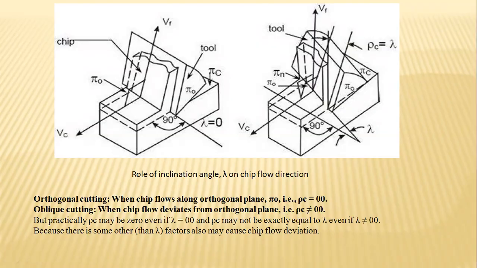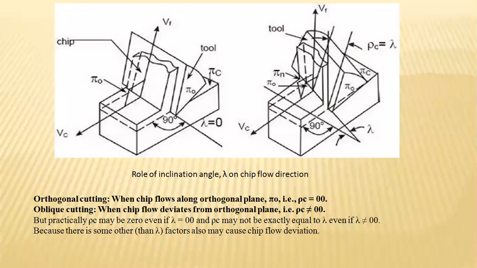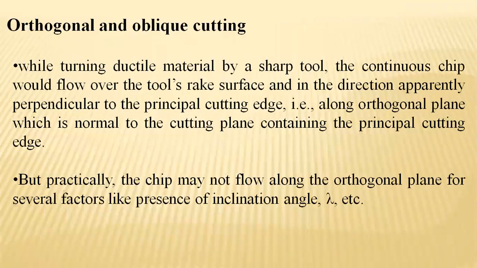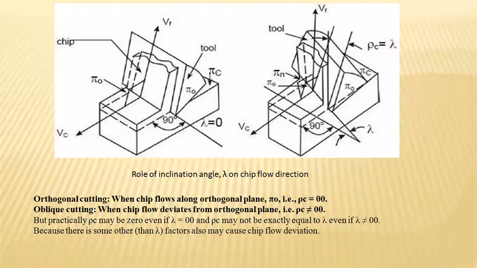The inclinational factors, or the deviations, which we will be calling the inclinational factors, and the chip flow directions will change by the placement in these two different conditions, either orthogonal cutting or oblique cutting.